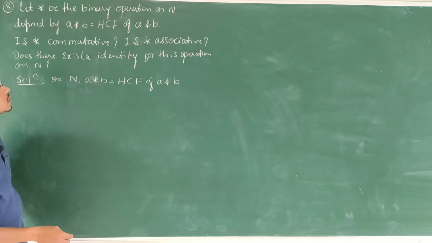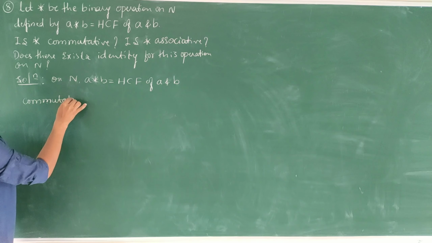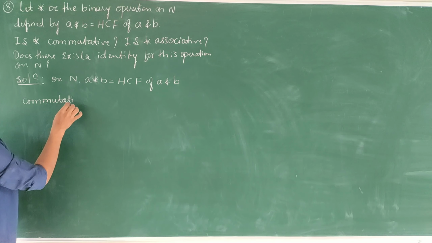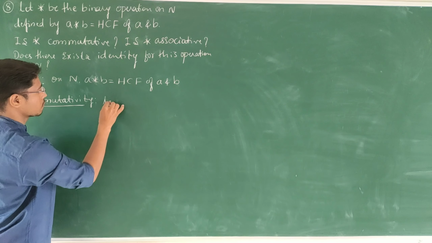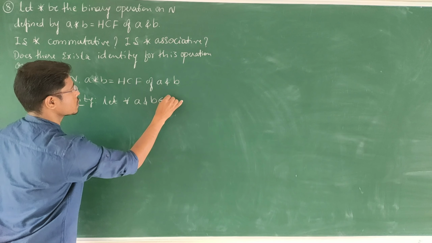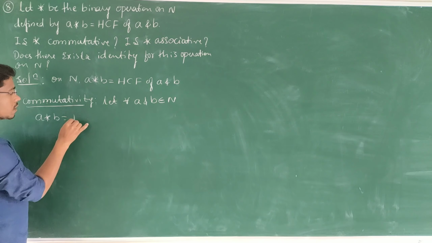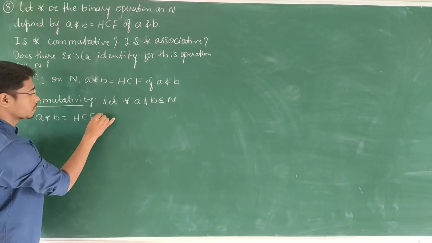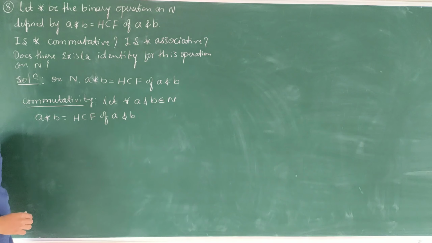So I will put the headline commutativity. Let A and B belong to the set of natural numbers. A star B is equal to the HCF of A and B, according to the given.